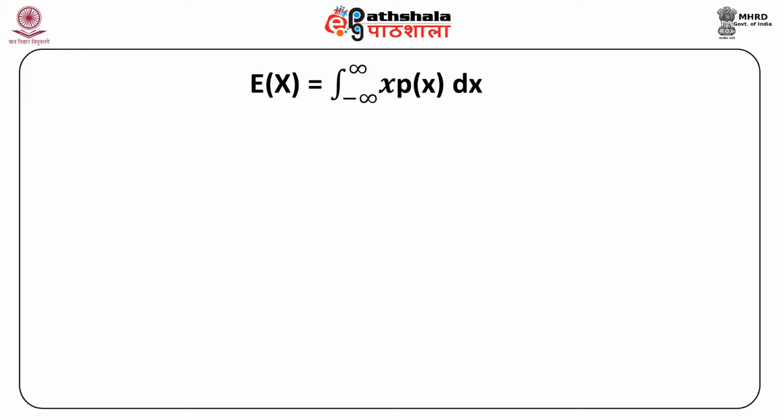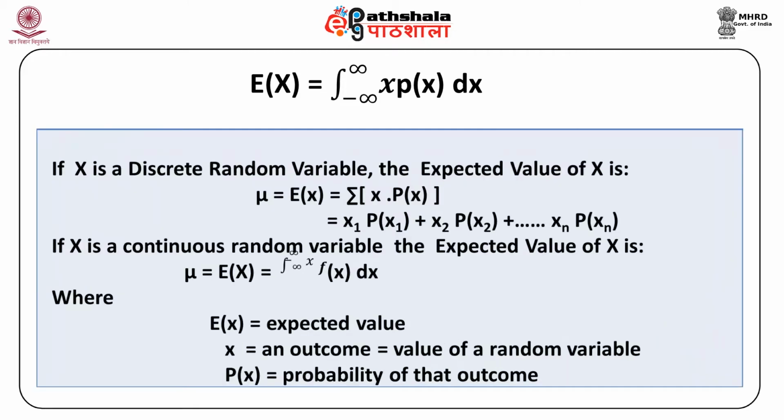Summing up our discussion of expectation in our box, if X is a discrete random variable, the expected value of X is mu is equal to expected value of X is equal to sigma xi into P(xi), where i ranges from 1 to n. This is equal to x1 into P(x1) plus x2 into P(x2), and so on till xn into P(xn).